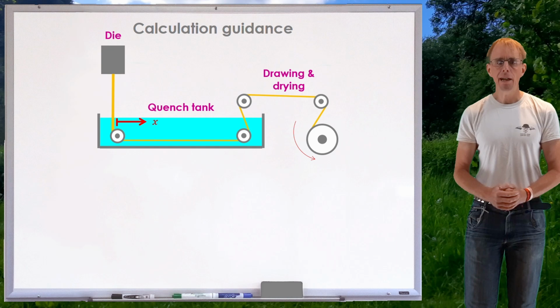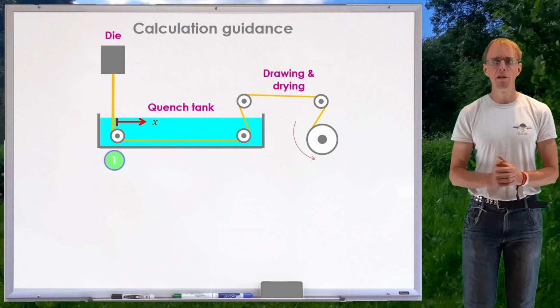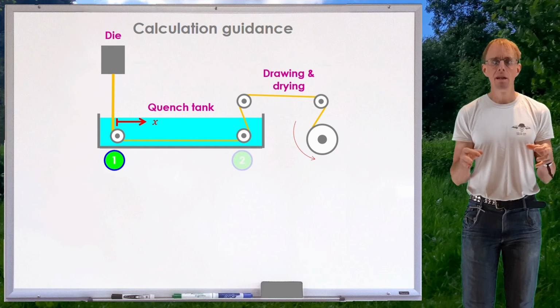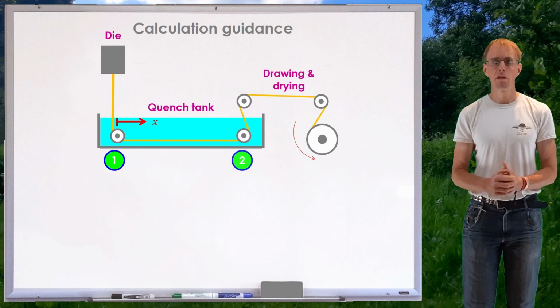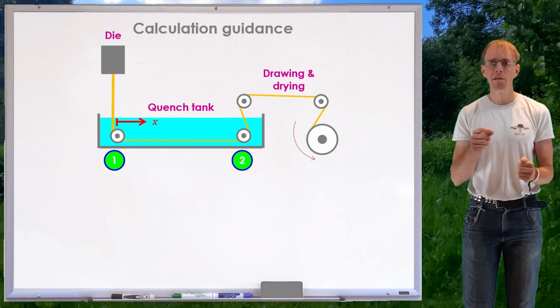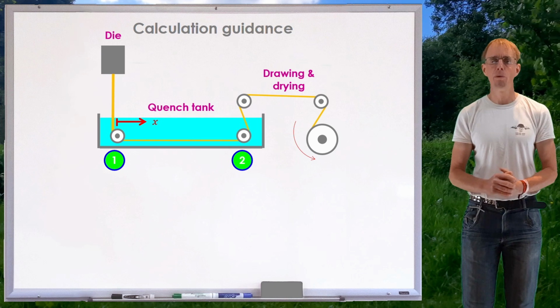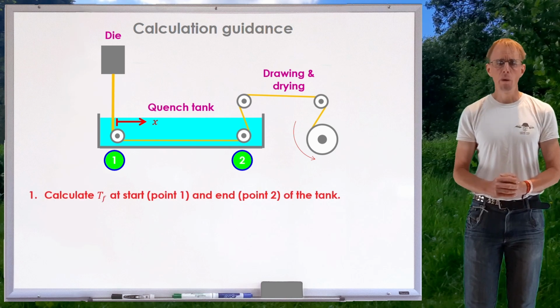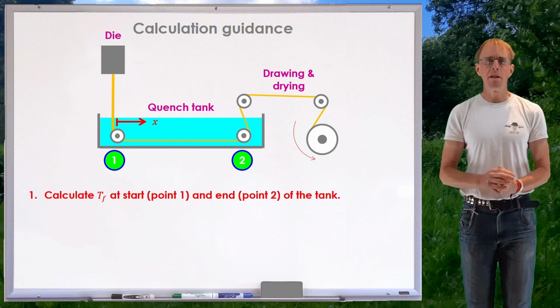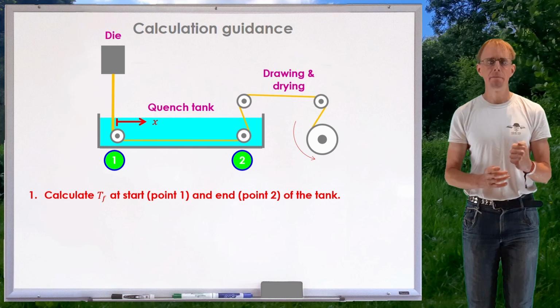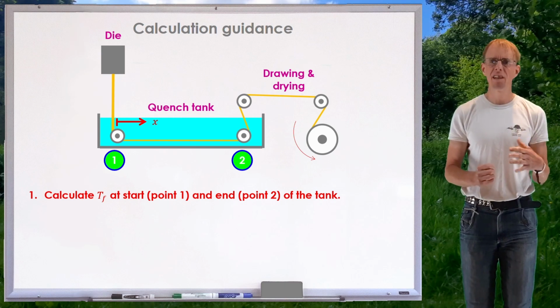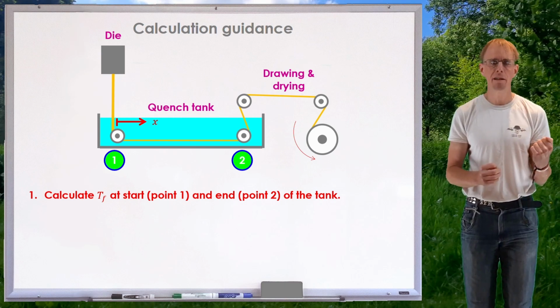Alright, well, let's concern ourselves with what is likely to be the dominant place where heat transfer occurs. Let's say it's as the material is travelling along the length of the quench tank between point 1 up until point 2. What I might do is say, well, okay, at point 1, let's calculate a film temperature. Let's say there's been negligible cooling till then.